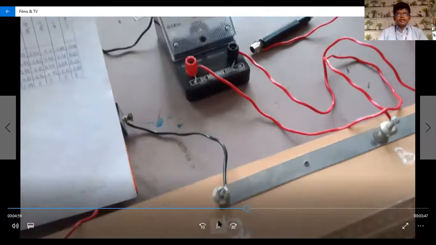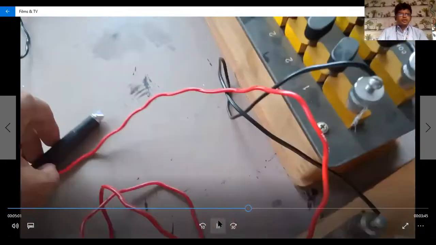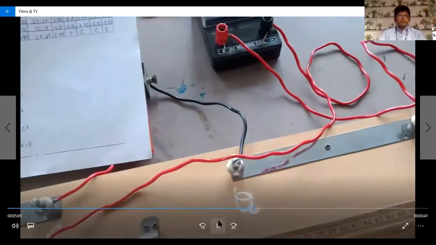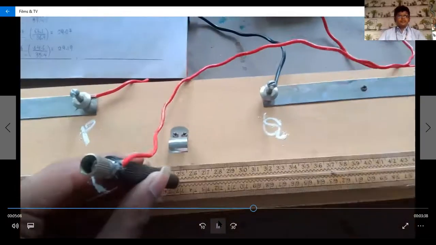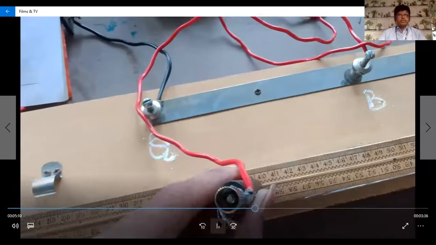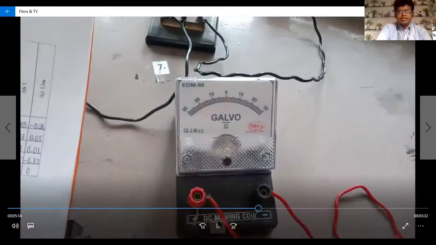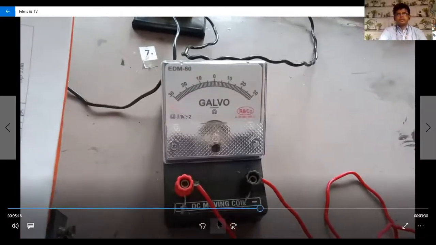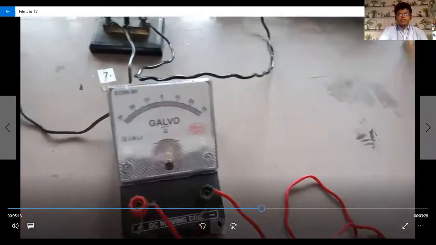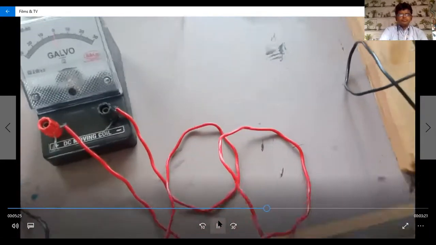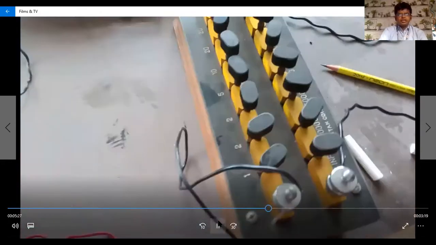With the help of the jockey key, we find the answer. We move this jockey key on the wire, and check at which value the G meter comes to 0 again. Suppose between 30 and 70, the G meter should come to 0. So it is as per the theoretical value. Okay, friends, so between 30 and 70 is the theoretical value.